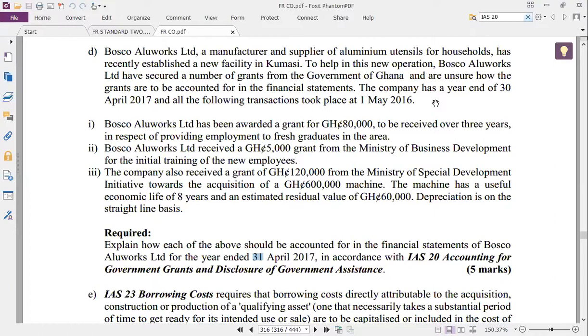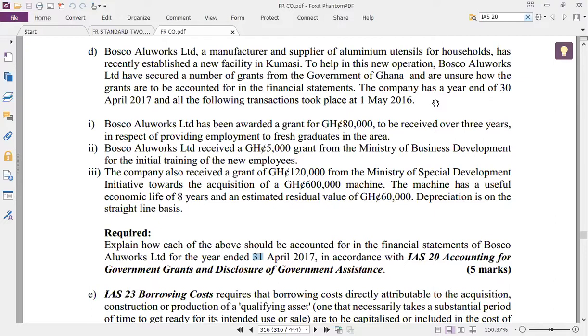The second one: Bosco Aluwex Limited received a 5,000 grant from the Ministry of Business Development for the initial training of the new employees. So here, how do you treat this grant? Is it a capital grant or revenue grant? It relates to what we saw first, right?